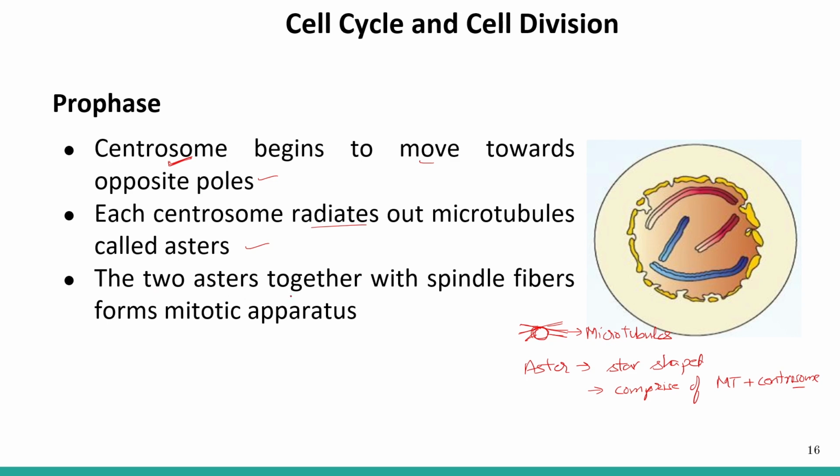Now the two asters together with the spindle fibers form the mitotic apparatus. So 2 asters from the 2 centrosomes, together with the spindle fiber, form the mitotic apparatus.